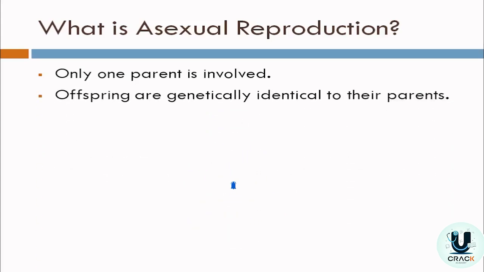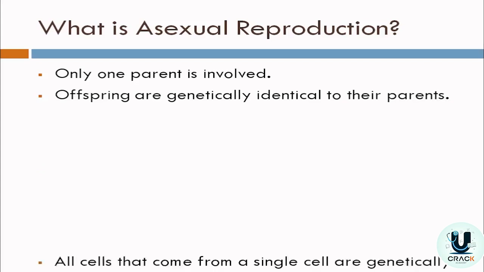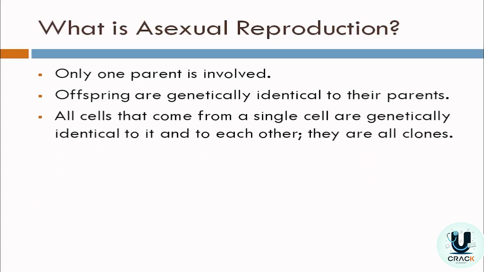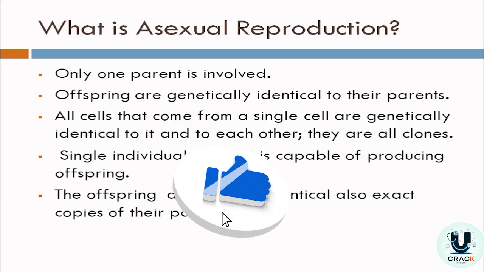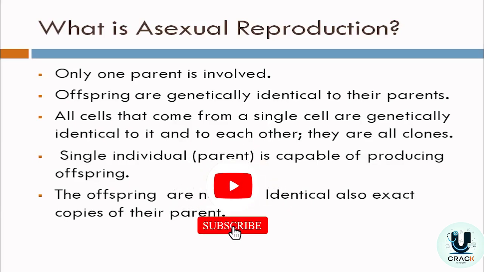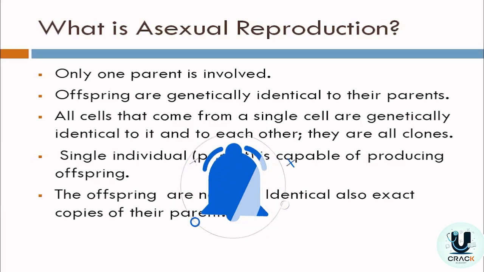Offspring are genetically identical to their parent. All cells that come from a single cell are genetically identical to it and to each other. They are all clones. A single individual is capable of producing offspring. The offspring are not only identical, but also exact copies of their parent.